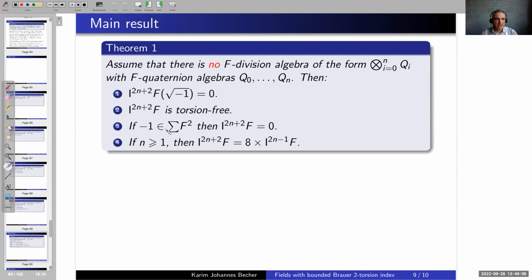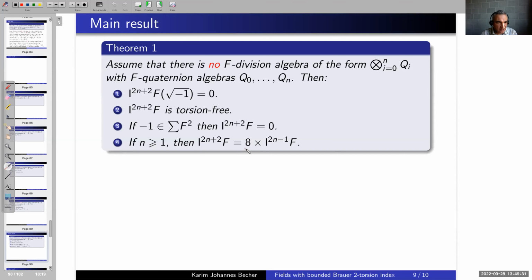But if it's a real field, then one can still ask, is there more to say about it than torsion free? In fact, what one can say is that the 2n+2 power of the fundamental ideal is divisible by 8, so by the quadratic form 1, 1, 1, 1, 1, 1, 1, 1. So it's multiples of this.